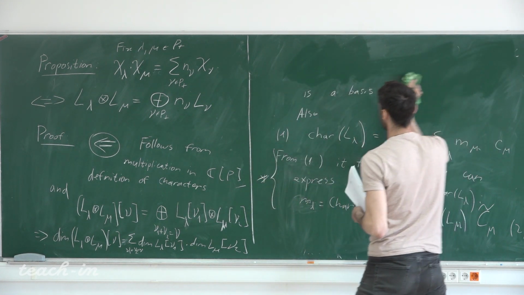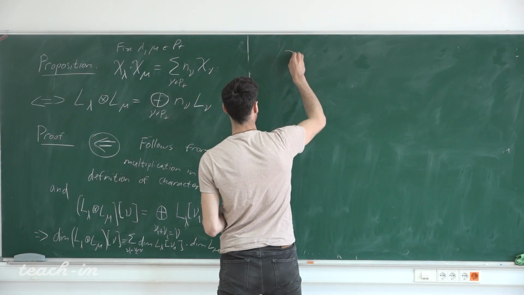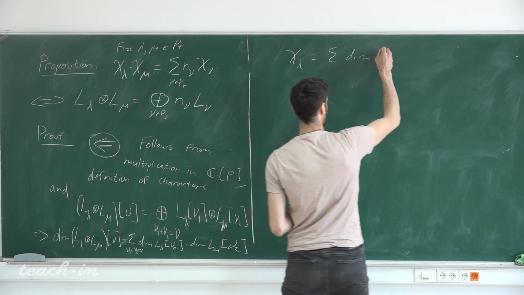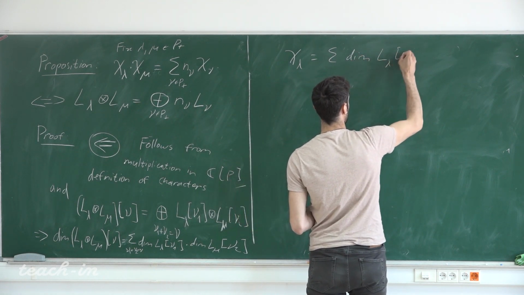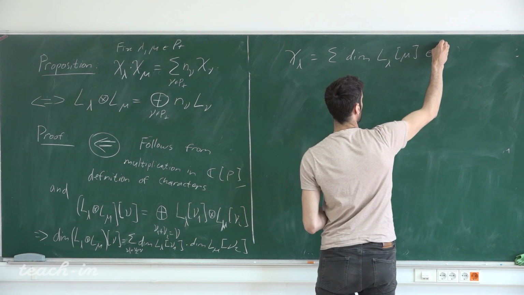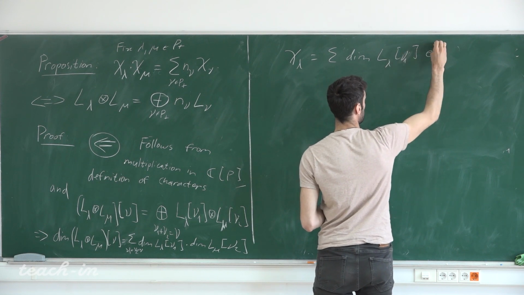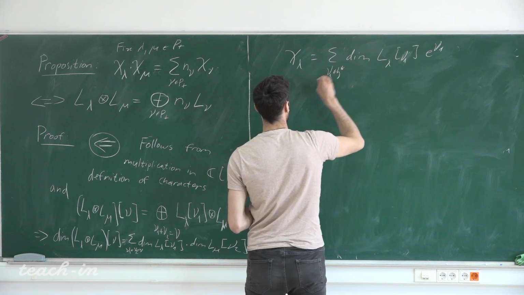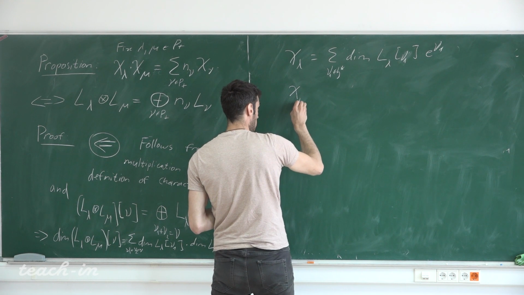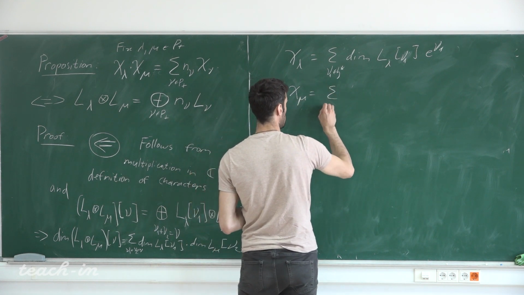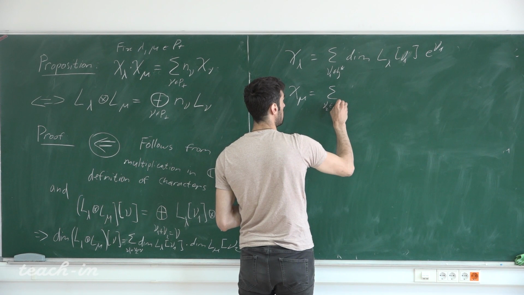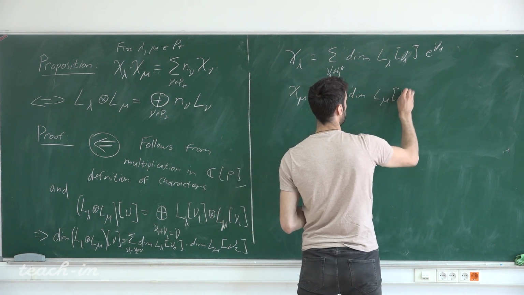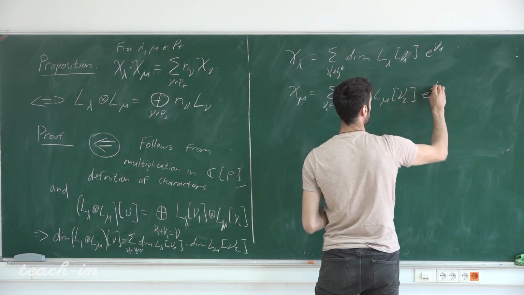Let me write it down explicitly then. So ch lambda is the sum of dimension L lambda nu 1 times e to the nu 1. And ch mu is the same, you just change nu 1 to nu 2: dimension L mu nu 2 e to the nu 2.